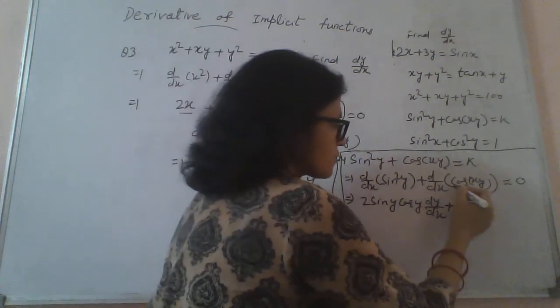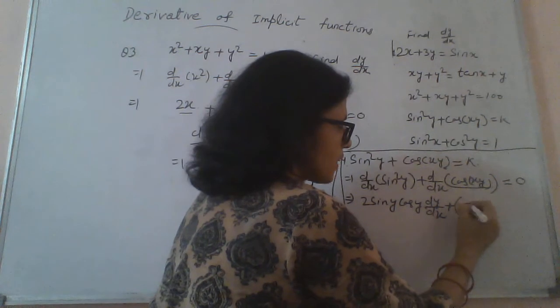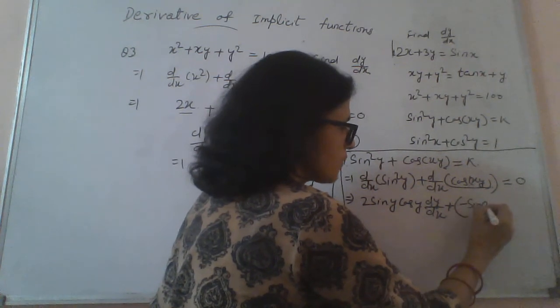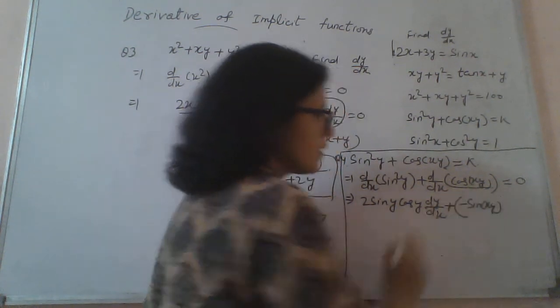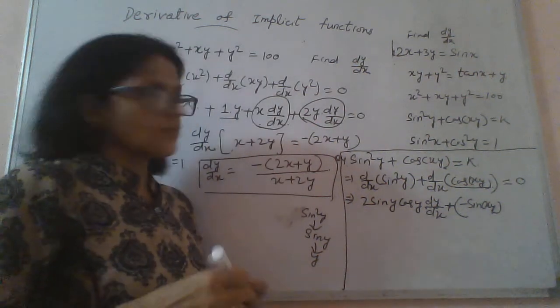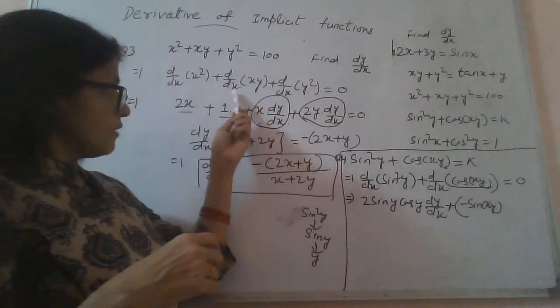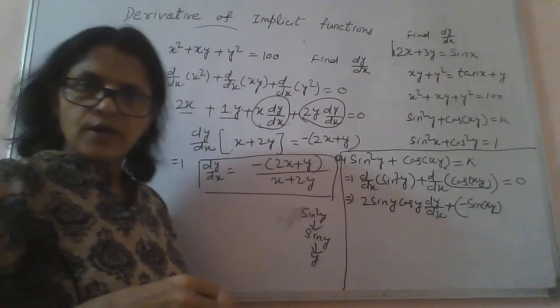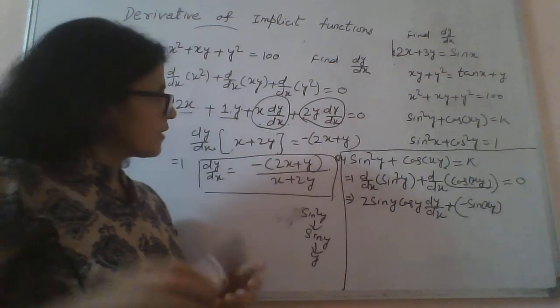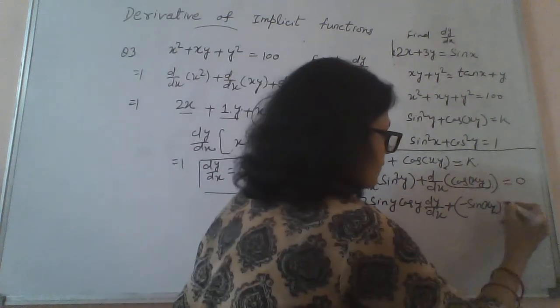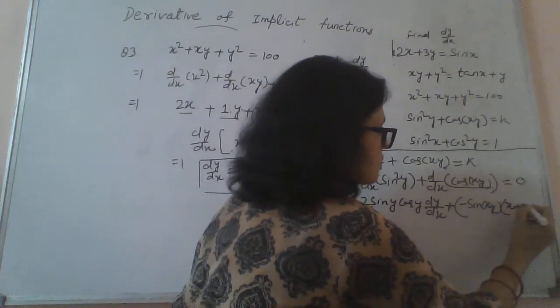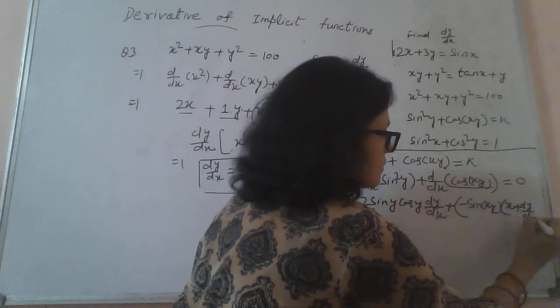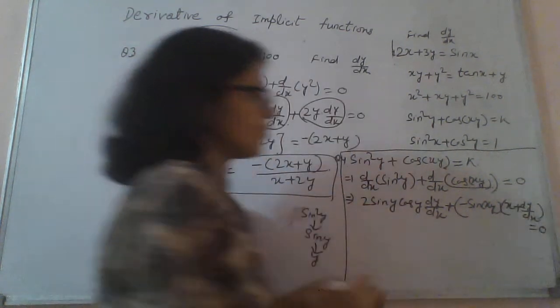So the derivative of cos xy with respect to xy is minus sin xy. Then xy with respect to x, so we have just found d by dx of xy: y into 1 plus x into dy by dx. Okay, so y plus x dy by dx.